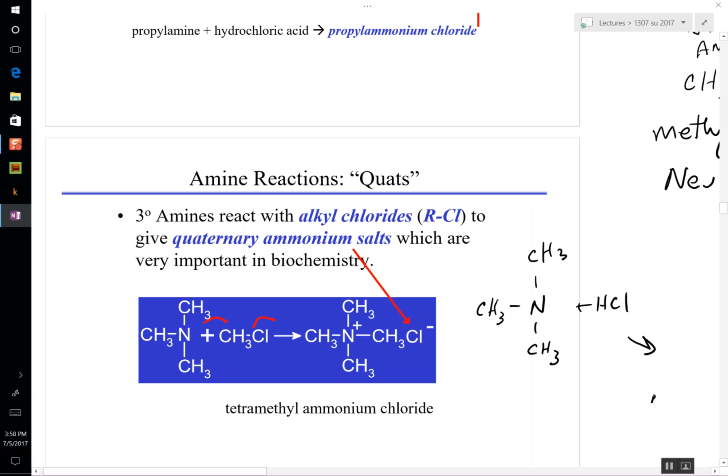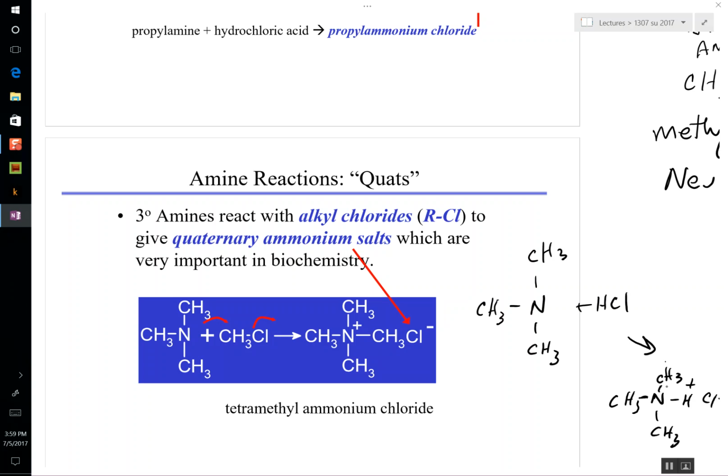I would get the trimethyl ammonium chloride. I would end up with a nitrogen with 4 bonds around it. The H would go on the nitrogen. The chloride would be attracted to that positive ion. You get trimethyl ammonium chloride.